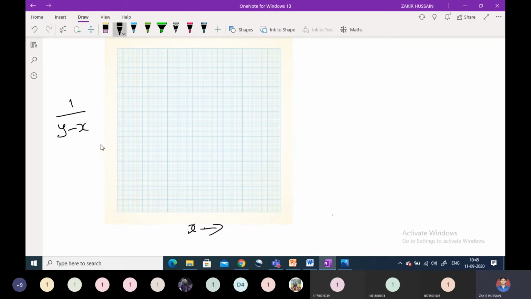The values of x range from 0.33 to 0.5, so we can take 0, 0.1, 0.2, 0.3, 0.4 and 0.5.